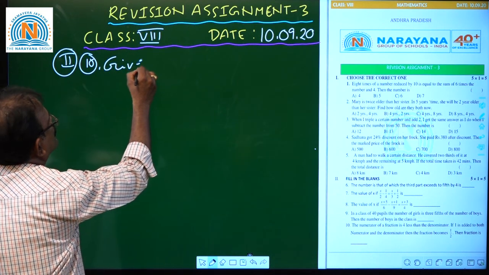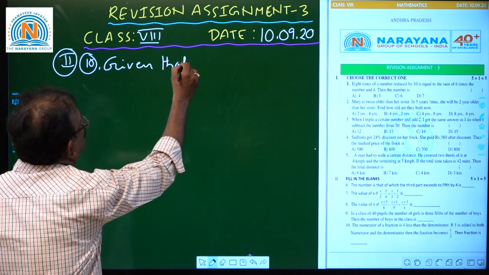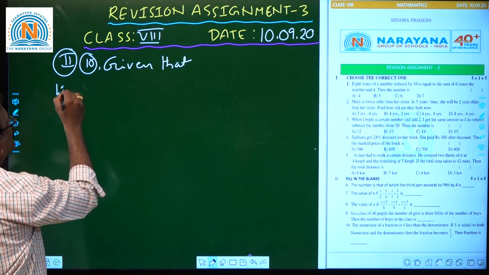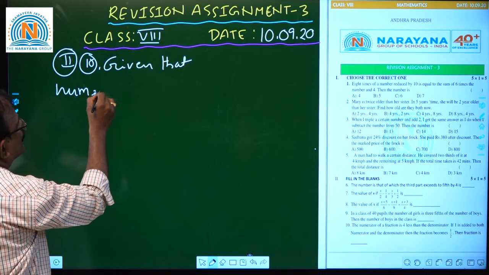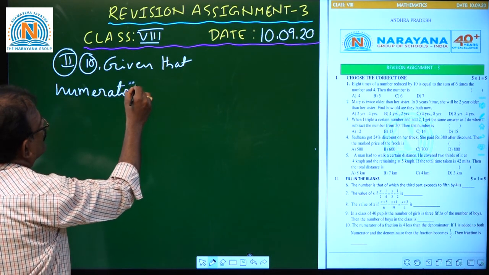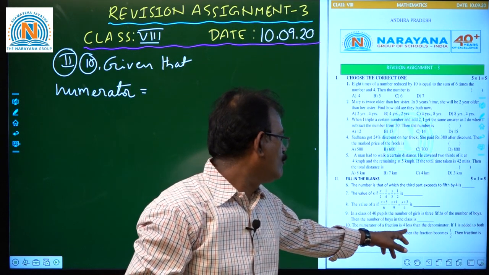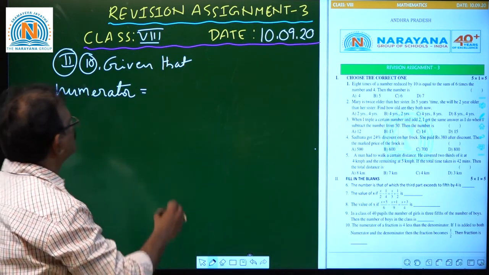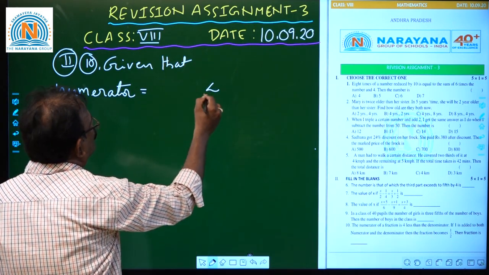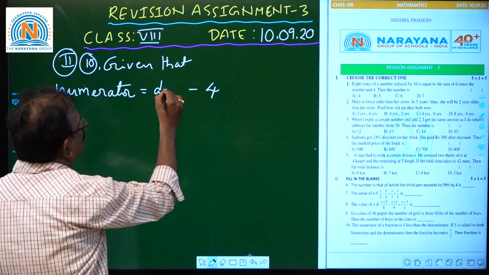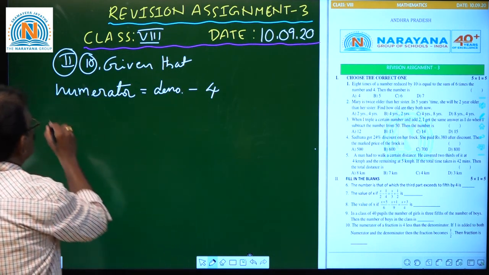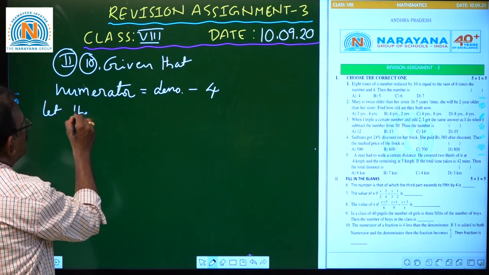Given that the numerator of a fraction is 4 less than the denominator. So let the denominator be x.